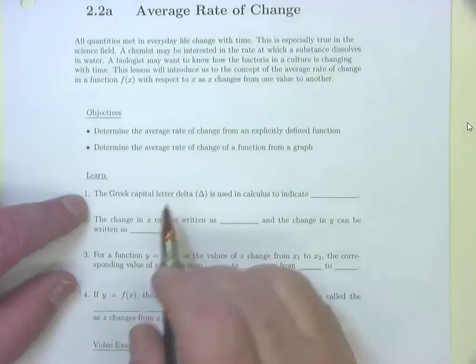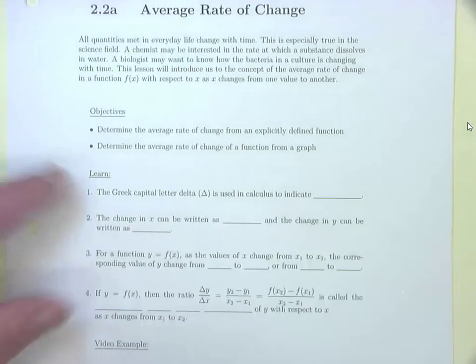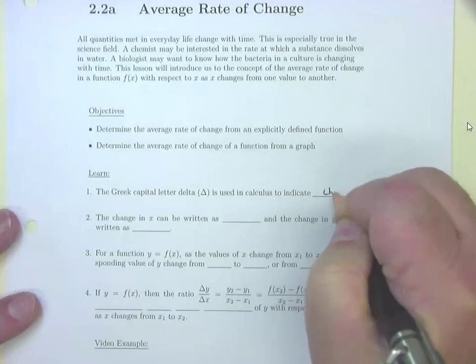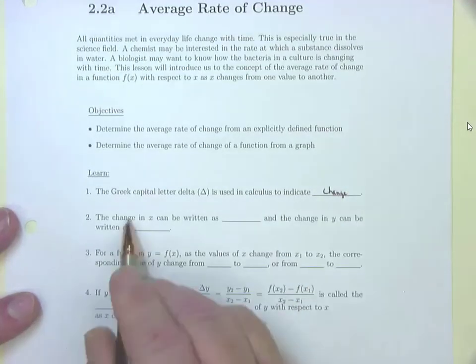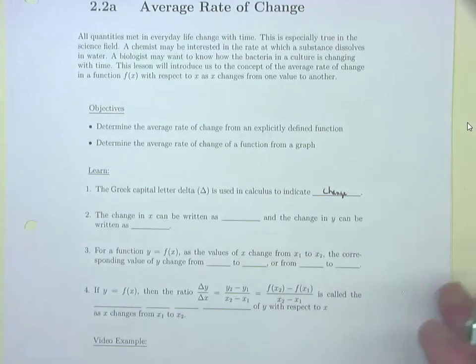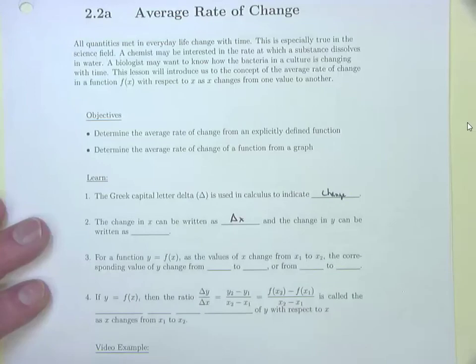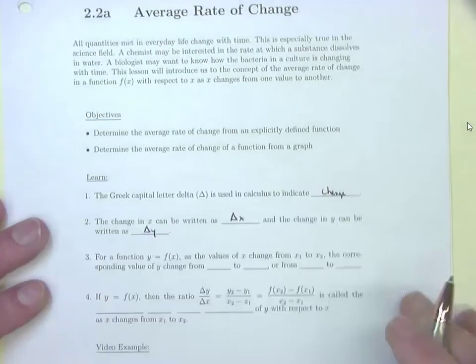The Greek letter delta is used in calculus to indicate what? What would we call that delta? Change. The change in x can be written as delta x, and the change in y is written as delta y.